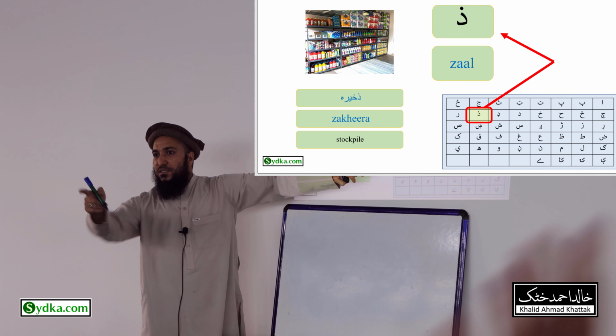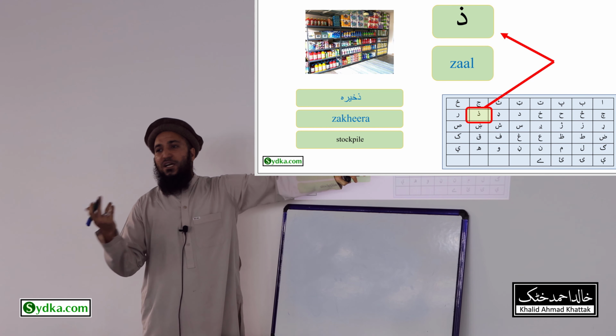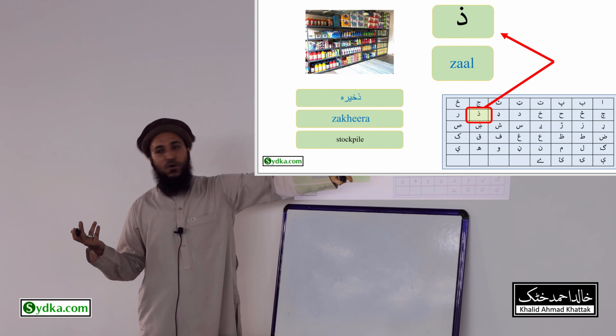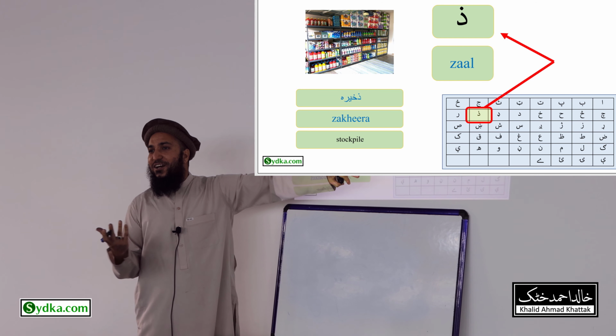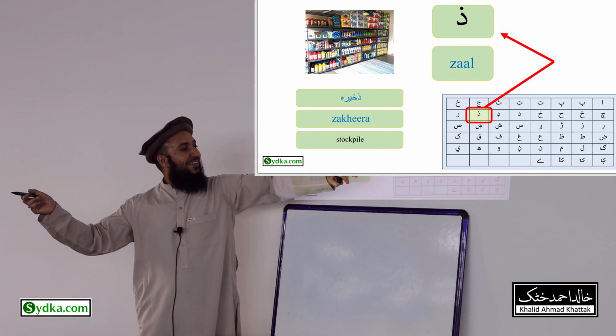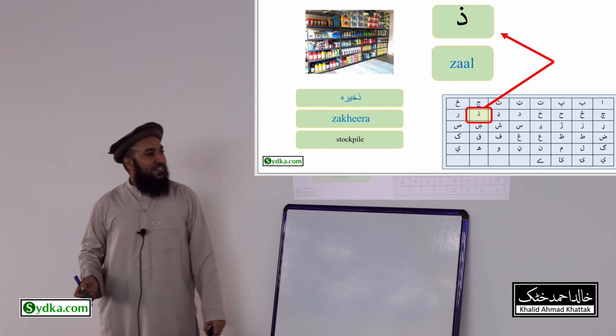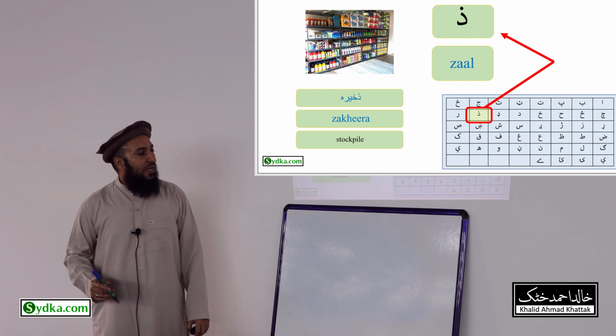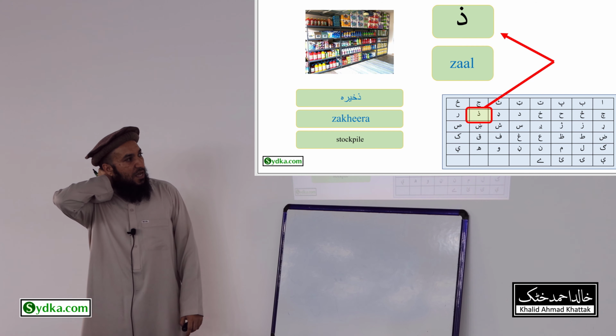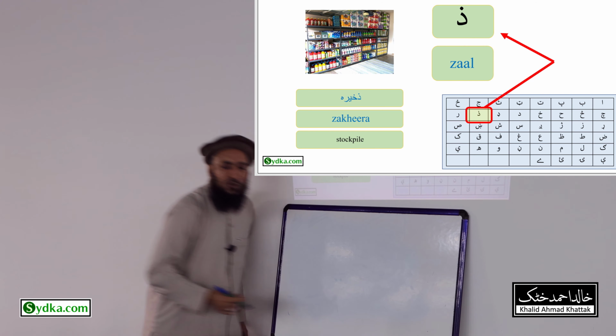Zakhir. Zakhira. What is Zakhira? Is local and Zakhira. No. What is Zakhira? Stocking. Yeah. Stockpile, yeah. Stockpile. Zakhira. When you stockpile something, okay? And how do you write it? And how do you say it in Pashto?